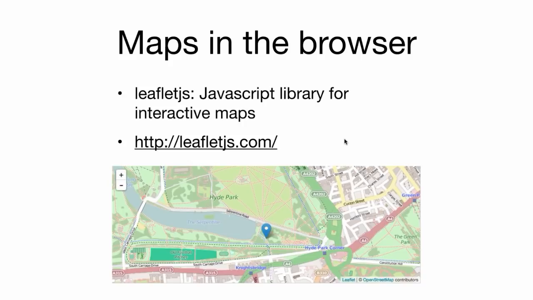But maps in the browser, there's a lot of really cool tools for interacting with maps. One of them is called Leaflet.js. It's a JavaScript library for interactive maps, and this is the website. Now this map here is just a screenshot I took from that website, and it's interactive. You can pan and zoom, and it works similarly to Google Maps.